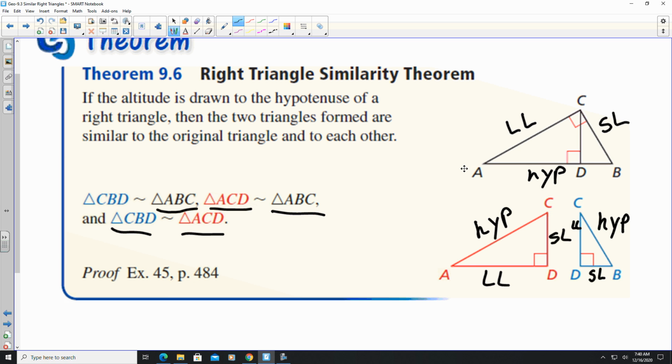For example, if I looked at the large triangle and I was looking at line segment CB, in that triangle, it's considered the short leg, but in the small triangle, it's considered to be the hypotenuse. So you can use those names to help you find any unknowns that they're asking us to solve for. And then we can write a proportion to help us with those specific findings.